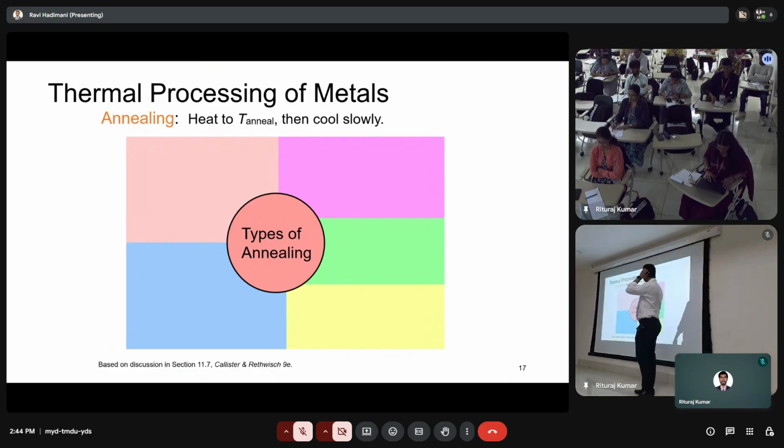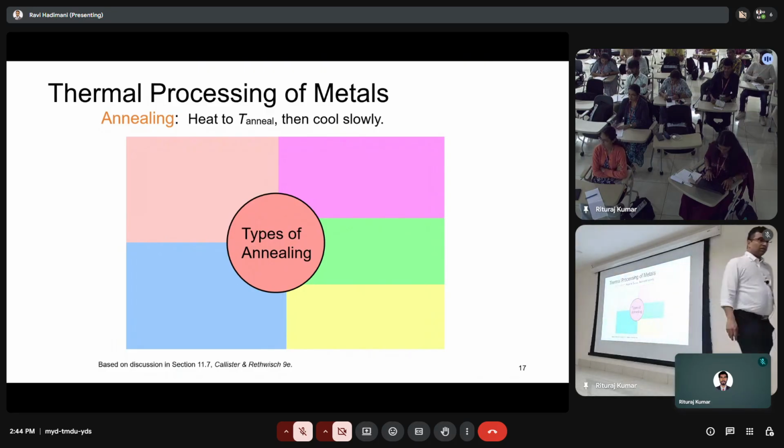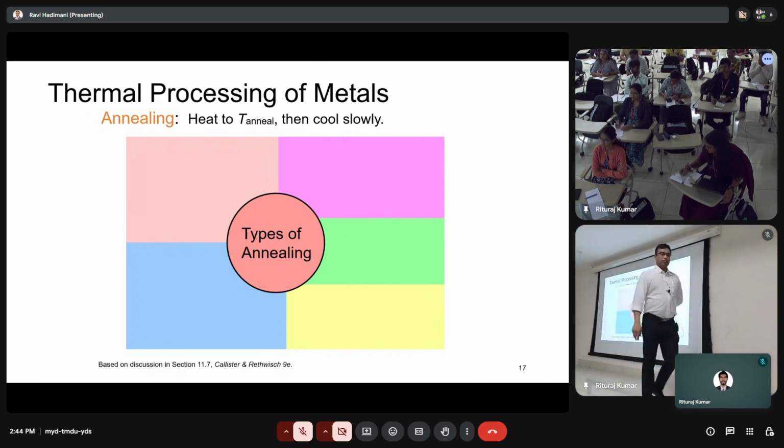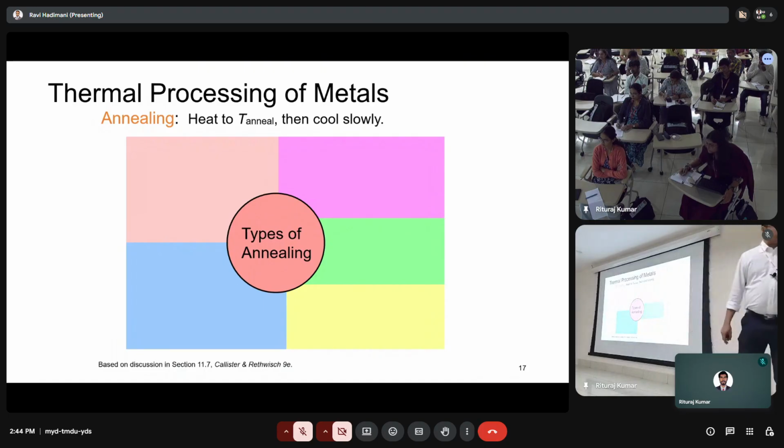Now the other processing method is thermal processing, which is annealing. So what happens when you anneal any metal? If you heat it up, but you have to heat it up to a certain temperature for annealing.